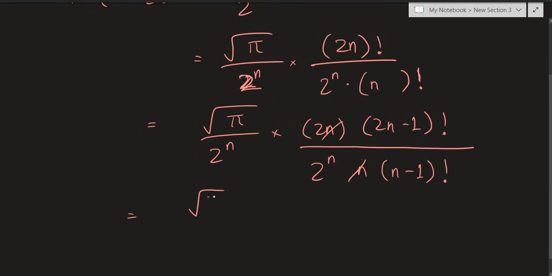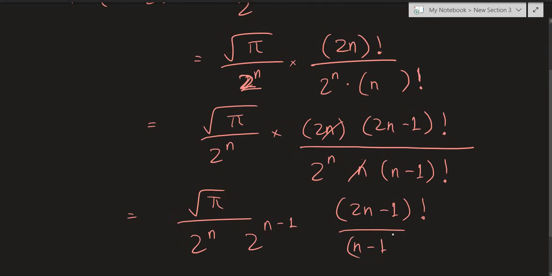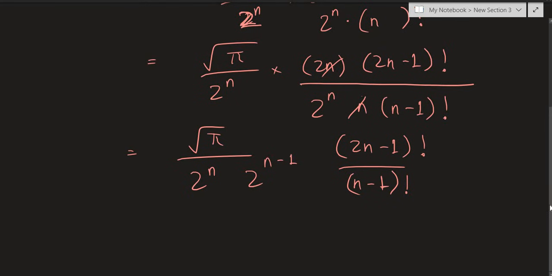We can use some properties of exponents. We have 2 to the n, and over here we have 2 to the n minus 1, and we have a 2n minus 1 factorial divided by n minus 1 factorial. And what is all this equal to?